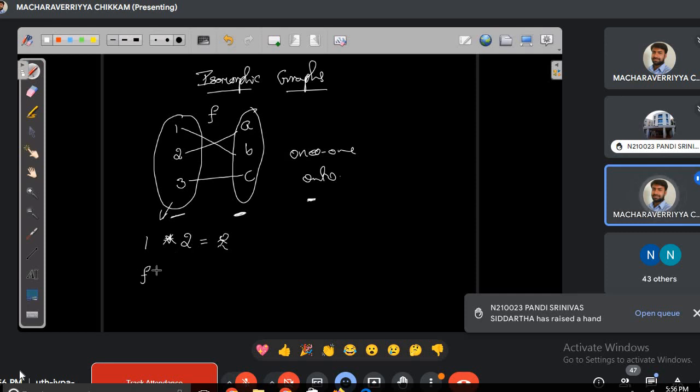we wish that the image of 1 star 2, let me assume that 1 star 2 is 3, is the same as the image of 3. That is, f of 1 star f of 2.